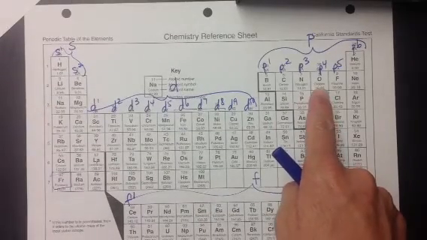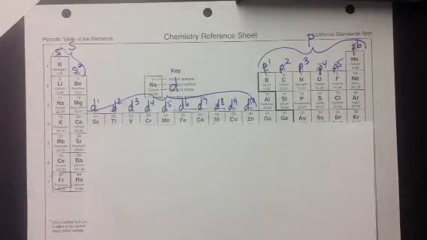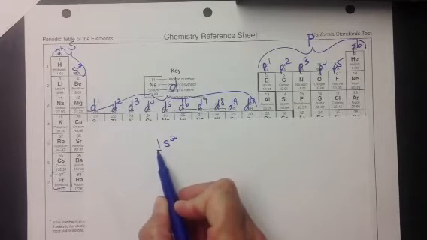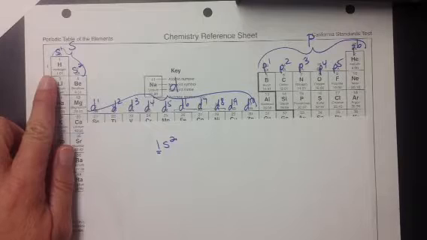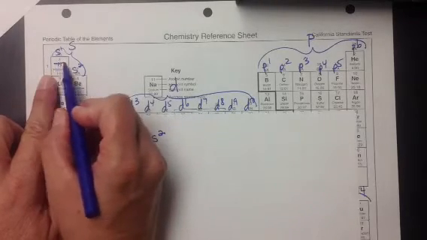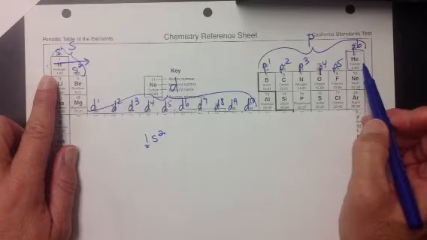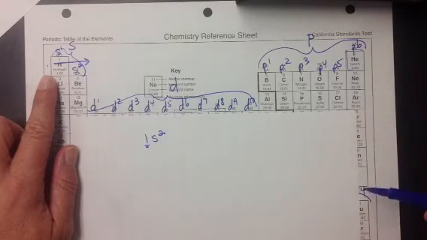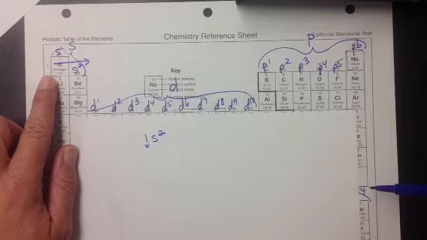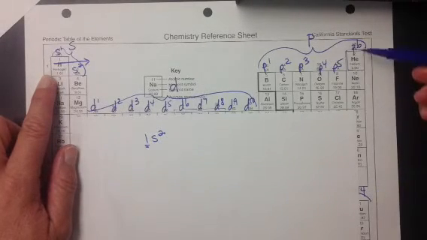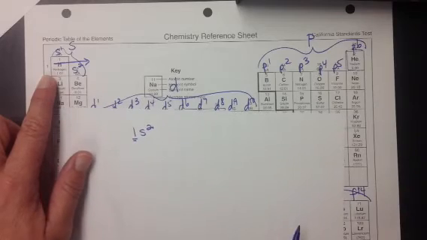For the electron configuration for oxygen, I would start with 1s2. This 1 tells me that it's the first energy level and that I've made it completely through the S block. Now this is kind of confusing because helium's over here with the noble gases. They put it over here because it is inert, which means its outermost energy level is filled, so it does not react like the rest of the noble gases.